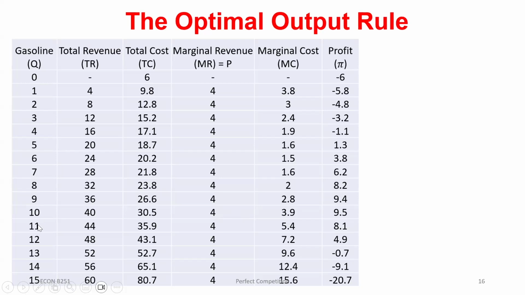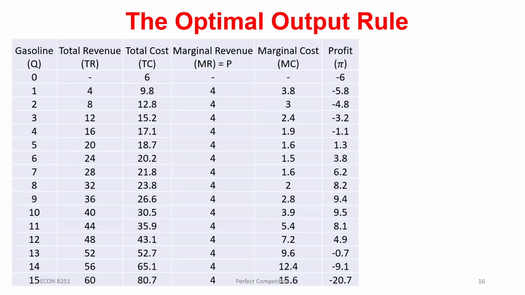But if I go from that 10th to the 11th unit, now my marginal revenue is below my marginal cost. How much lower? $1.4. So if I go from the 10th to the 11th unit, my profits actually go down by $1.4. As soon as the marginal revenue is below my marginal cost, my profits from producing more will start to decrease.